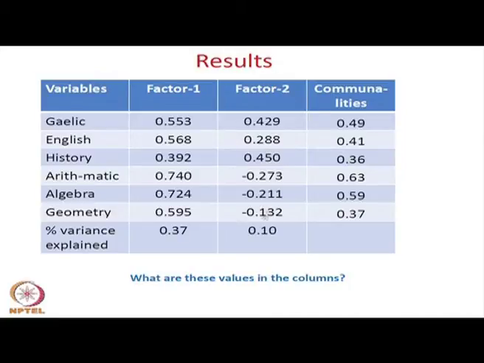Similarly for the other column, if you square, you will get the second q value, that eigenvalue. And if you square these values and take the sum across each row, then you will get the communalities. Am I clear?